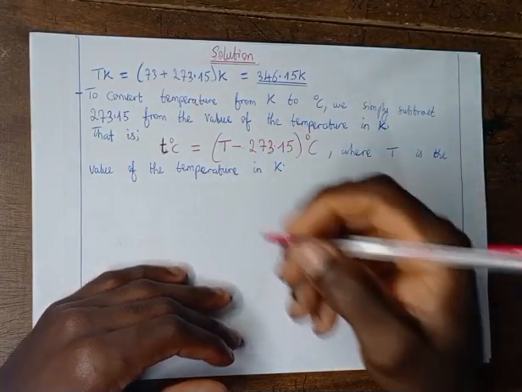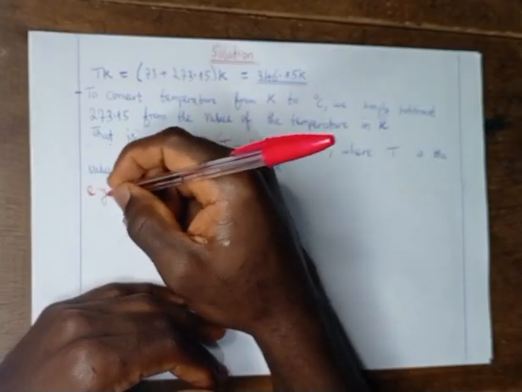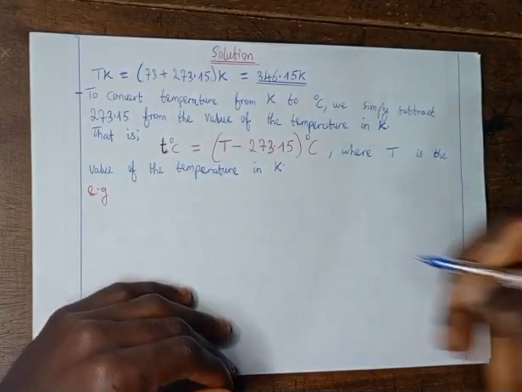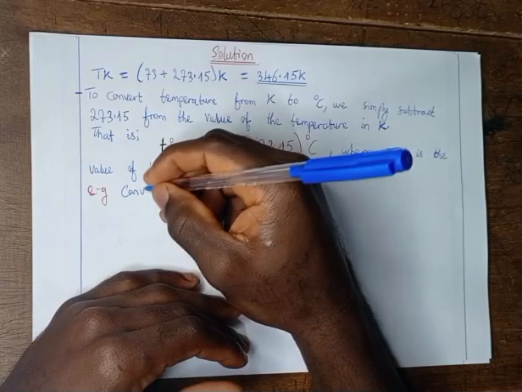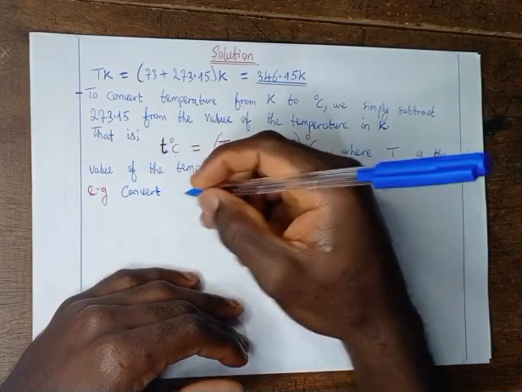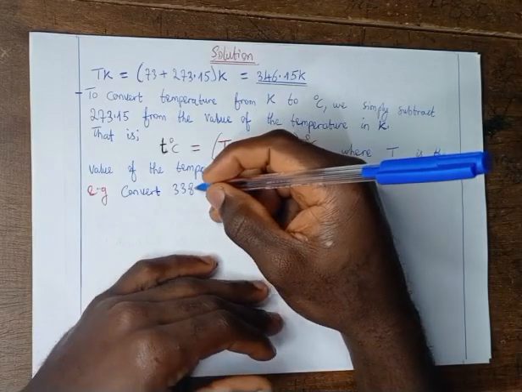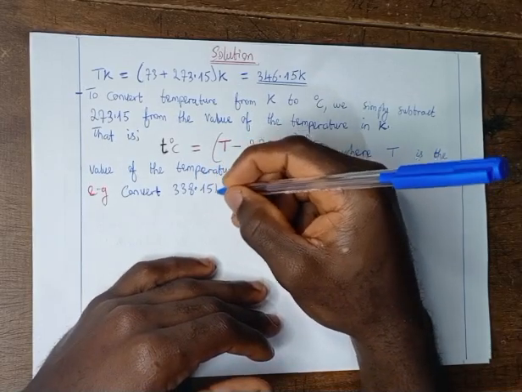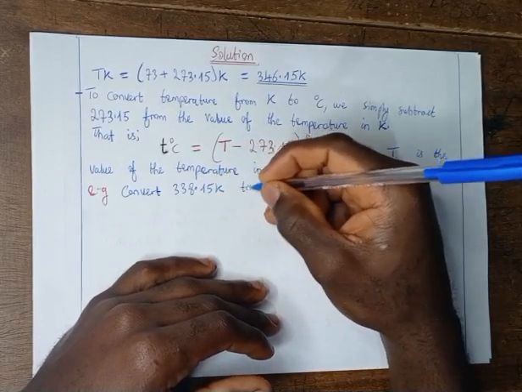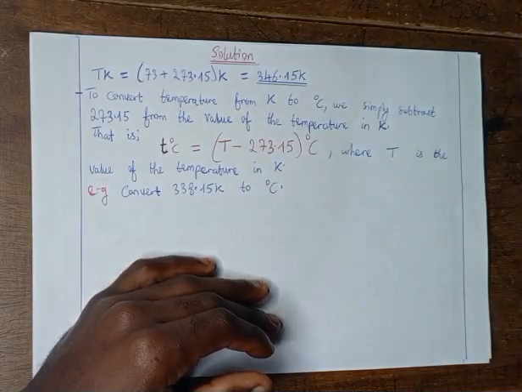Let's take an example: convert 338.15 Kelvin to degrees Celsius.